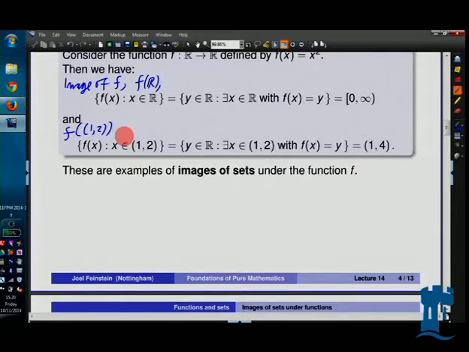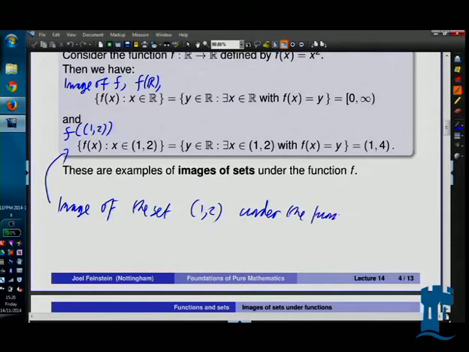So this one is the image of the set (1, 2) under the function f. This one isn't the range of the function because you just saw what it did on a particular subset.